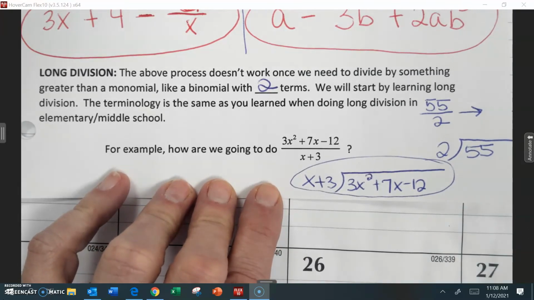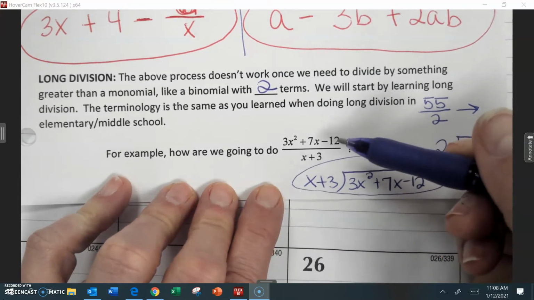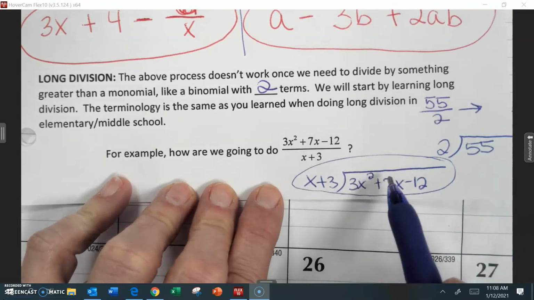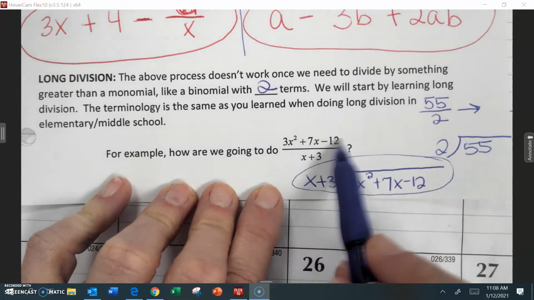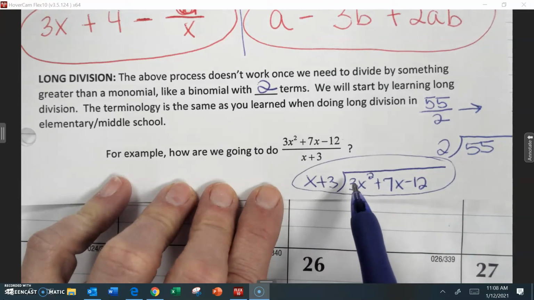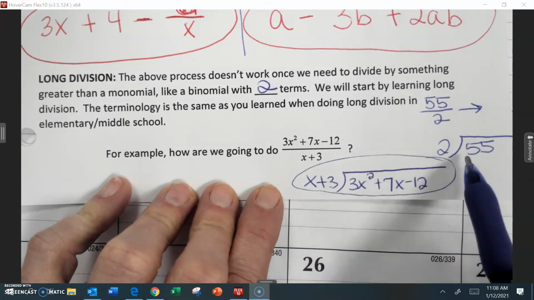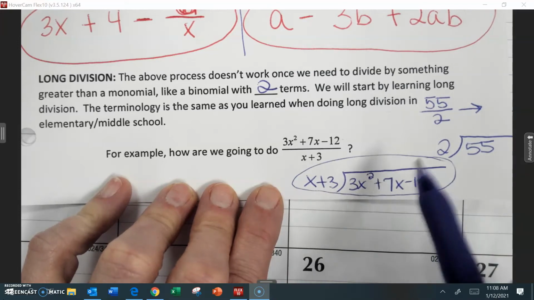On our long division, I know that you have the numerator. Does anybody remember what that's called in long division? We have 3x squared plus 7x minus 12. An elementary school teacher would say that goes under the umbrella, right? That goes under the long division sign.